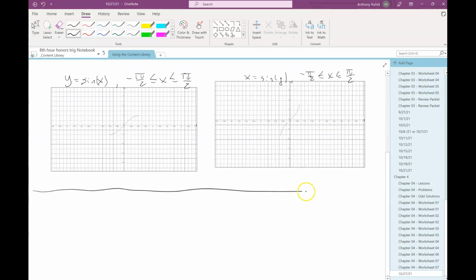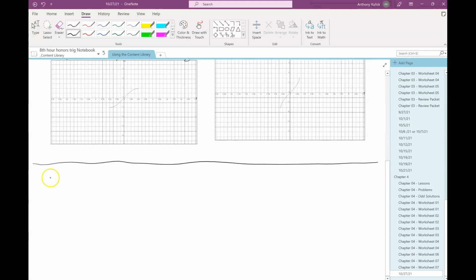So to take this forward, we're going to have to be a little bit careful about what we do. That's f of x equals sine inverse.